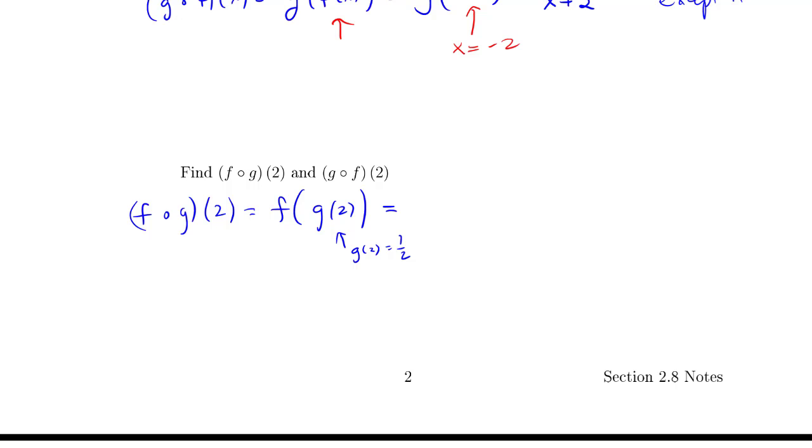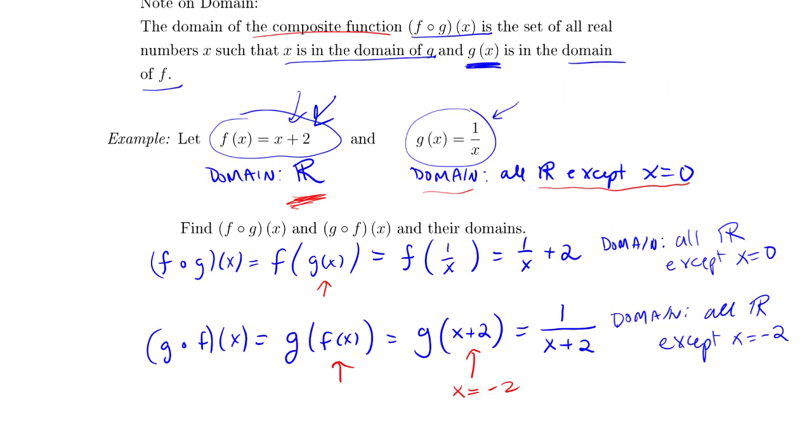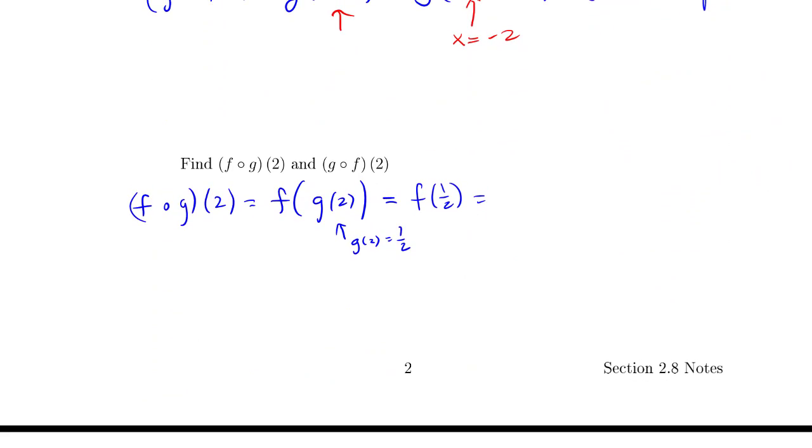So this comes out to be f of 1/2. F says take whatever is inputted and add 2 to it. So f of 1/2 is 1/2 plus 2, and that's 1/2 plus 4/2. That's 5/2.